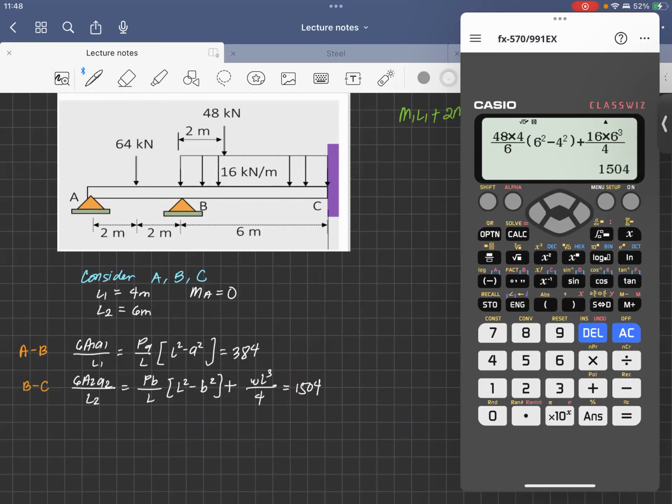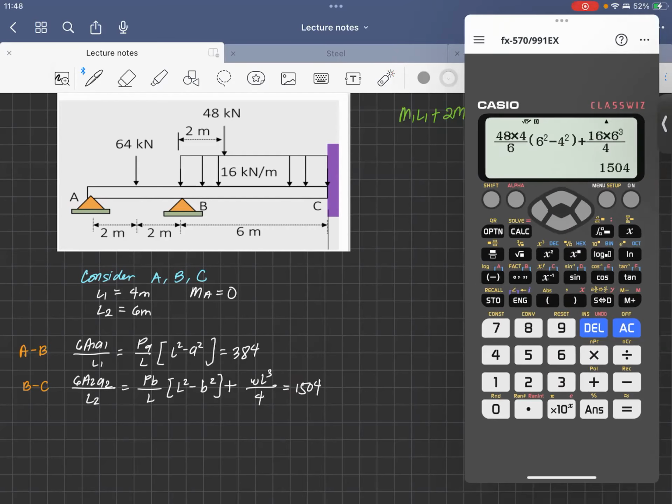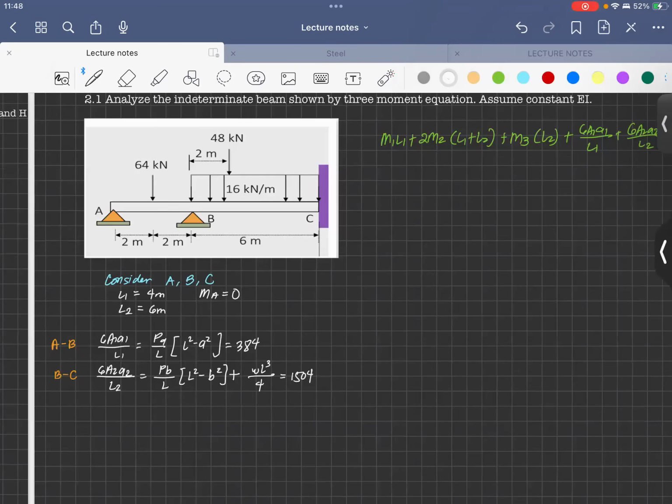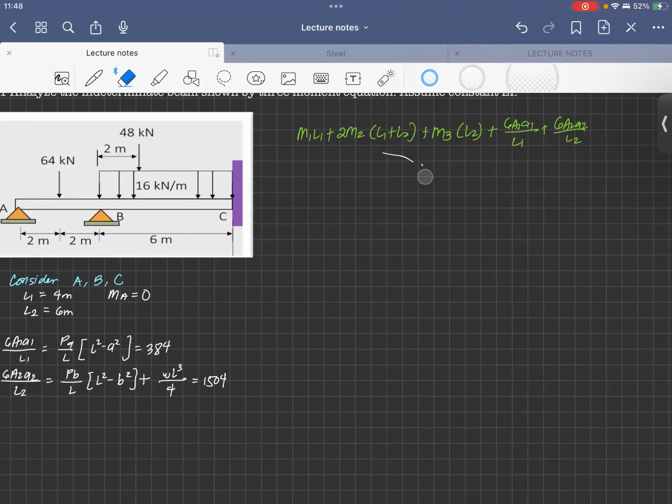And then, once we have this one, we're going to make use of this general equation. So, ito na po yung susundin natin, this one.